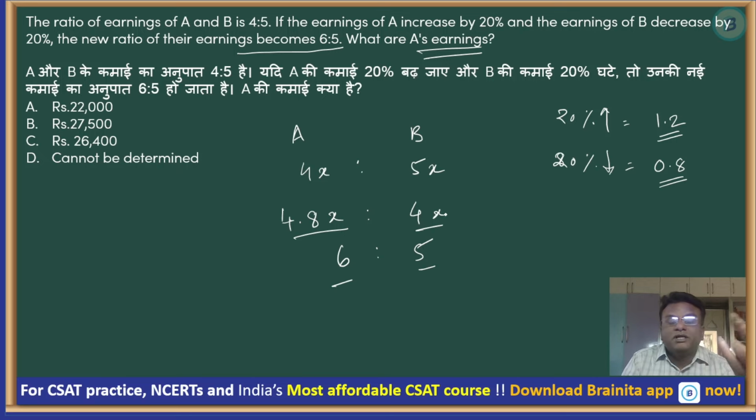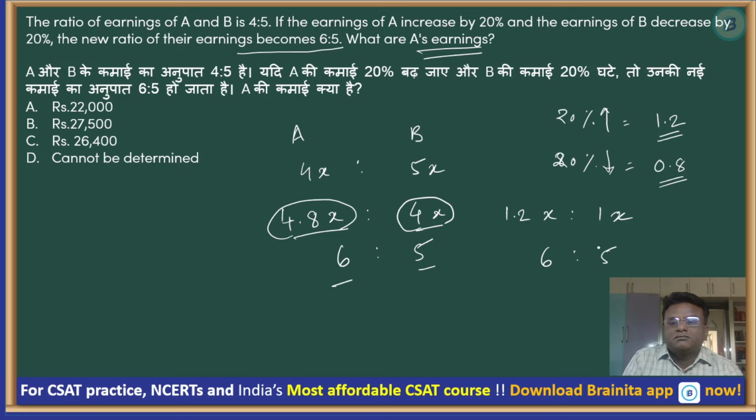We have been given only ratios. So it is impossible. If you simplify this, dividing by 4, it becomes 1.2x to 1x, which is equal to 6 to 5.